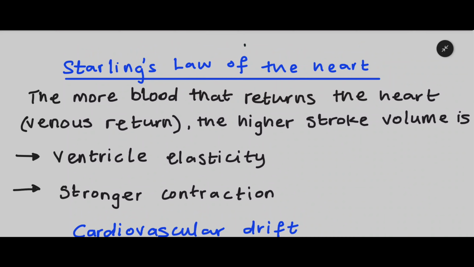That causes the chambers of the heart to stretch, and as a result, they're going to contract more strongly to release more blood from the heart per beat, thus a higher stroke volume. So whenever you're talking about Starling's law of the heart, it's worth referring to elasticity and contractility.